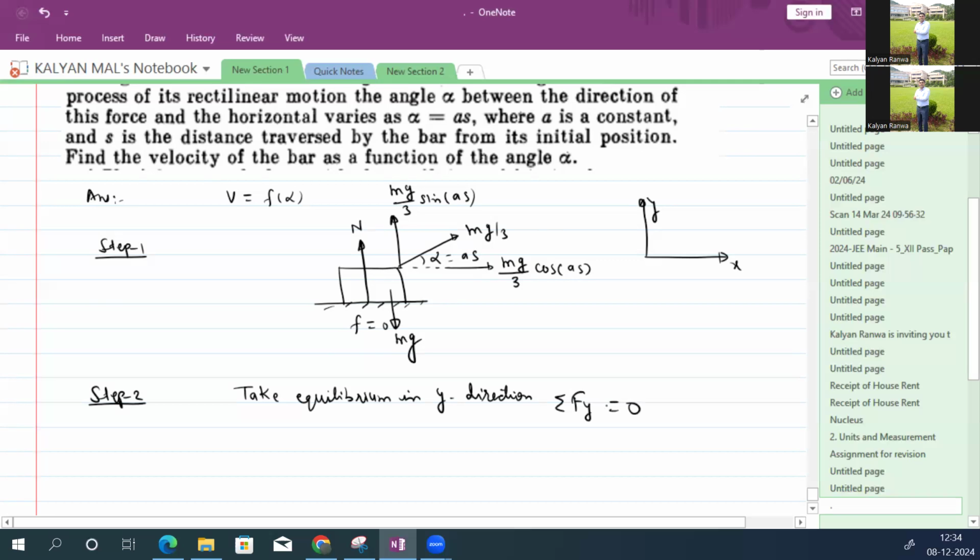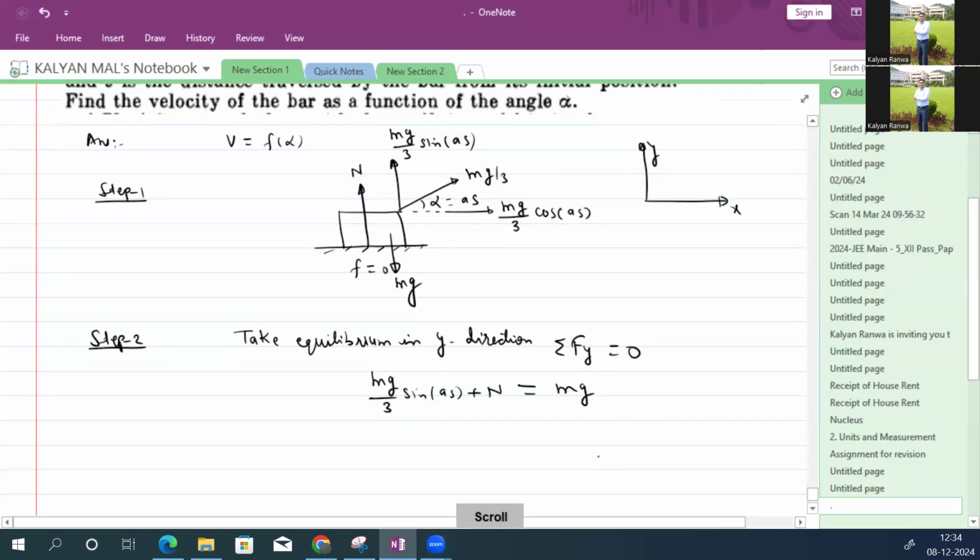Okay, so the upward forces are one, mg by 3 sin as, and also N, which also acts in the upward direction, equal to the downward force mg. If this equation is required, we will use it also.